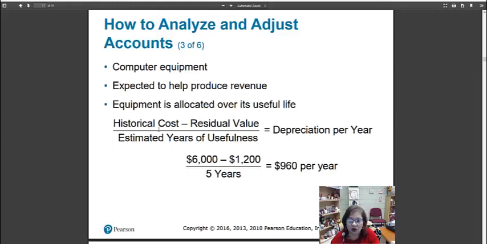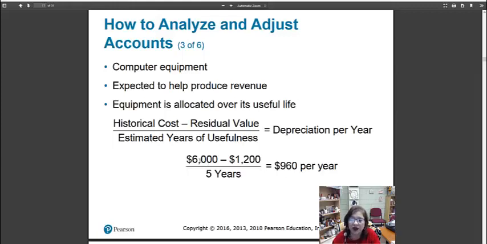So you're going to take the historical cost, which is $6,000. Then you've decided that you're going to reduce it by $1,200 residual value. That's how much you're going to have left over 5 years.